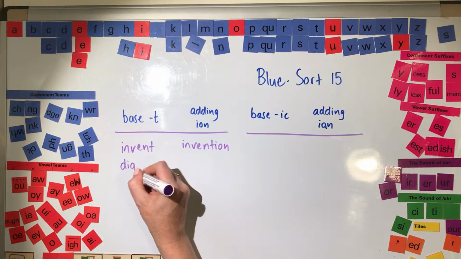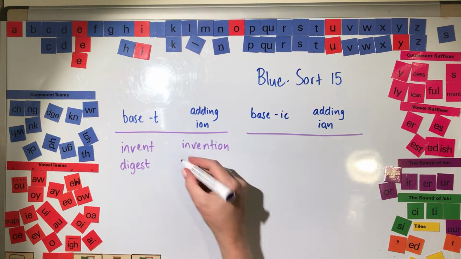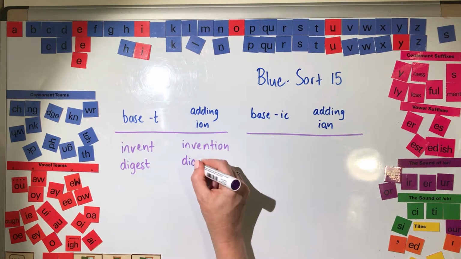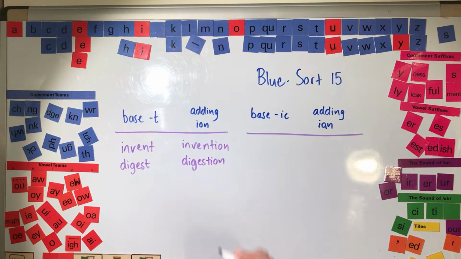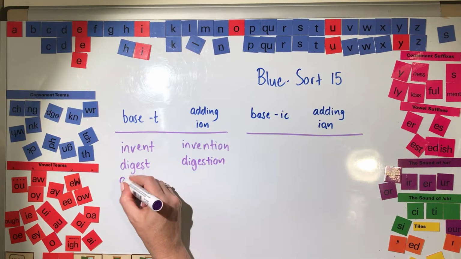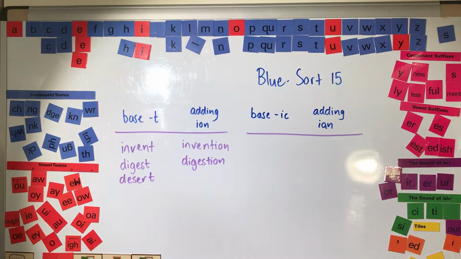Digest. I'm trying to digest my lunch. You are talking about digestion. Dessert or desert, which really is about deserting someone, so it's not about eating a big creamy pudding.